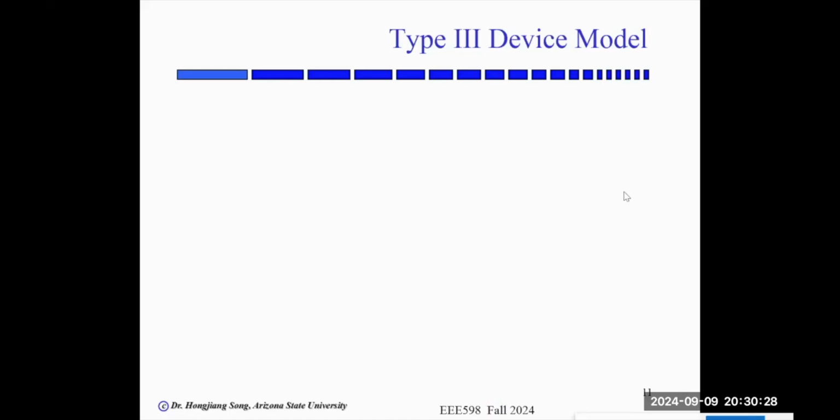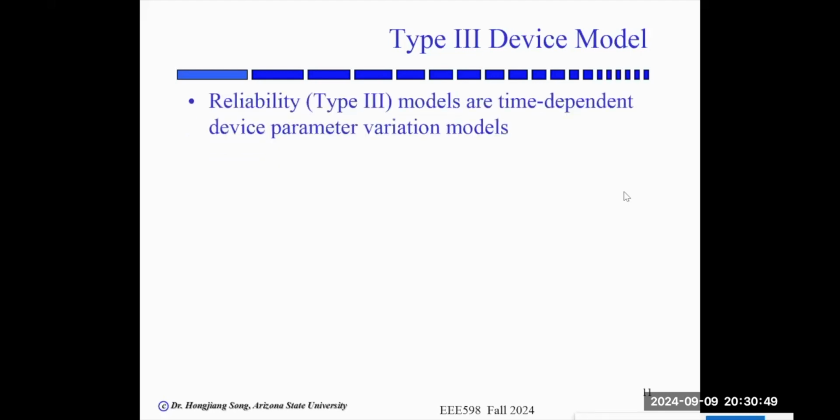So now, type 1 and type 2 simulation did not cover the time-varying part of the simulation or verification. However, when you go into deep submicron, even nanometer devices, the aging effect becomes increasingly important. In this case, we need a type 3 kind of model, something we call a variability model, to capture or to verify the time-dependent device variation.